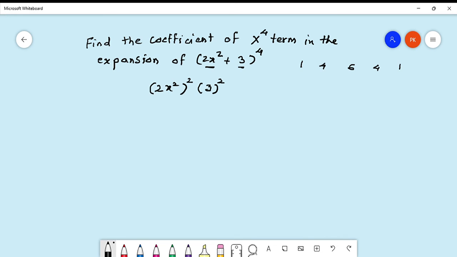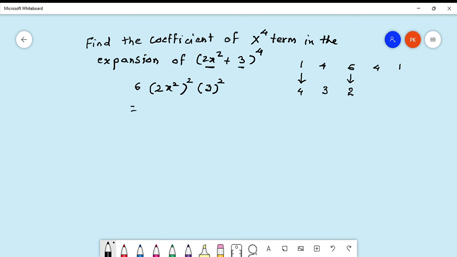Now 2x square is a, so start from left. In the leftmost term, the power of a will be the maximum. So 4 here, then it will go on reducing. So 4, 3 and 2. That means the coefficient has to be 6.